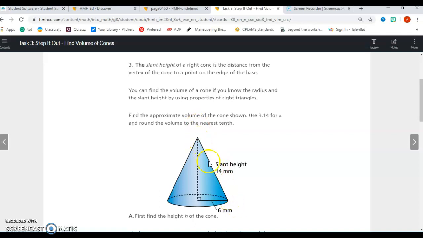This is not the true height. This is the slant height. But because we're dealing with a cone that has a base and a height connected by a 90-degree angle, this could be a right triangle. If they give you the slant of the cone, you can use the Pythagorean theorem, a squared plus b squared equals c squared, to find the actual height.